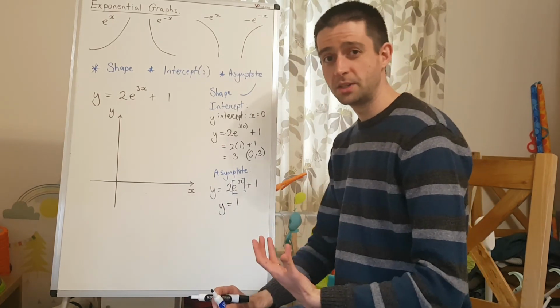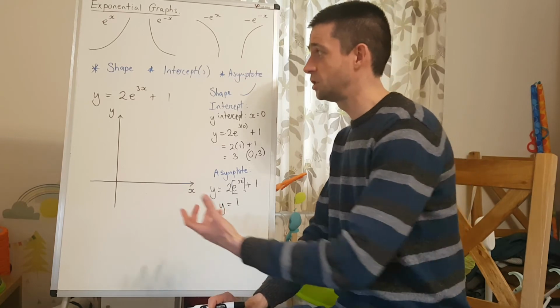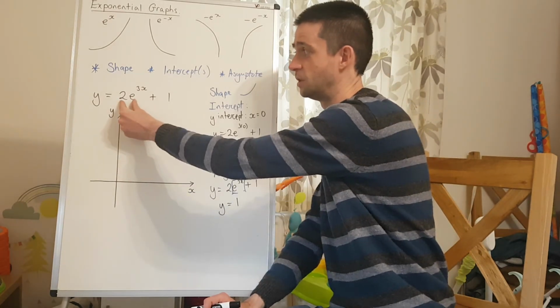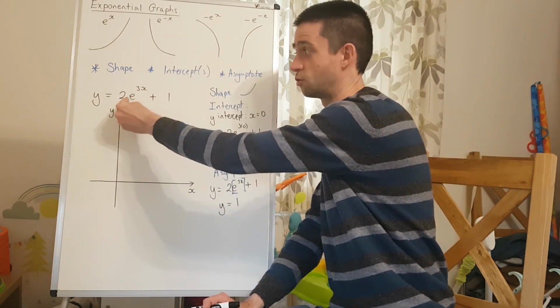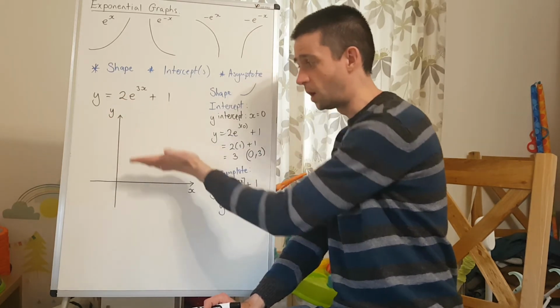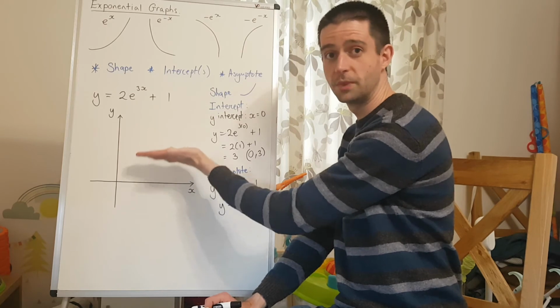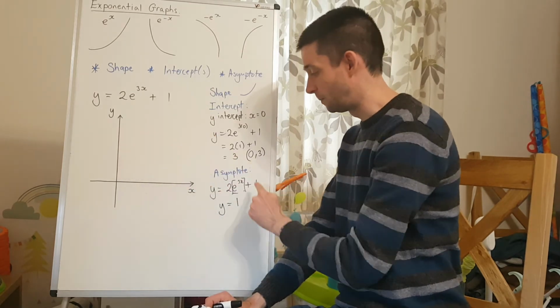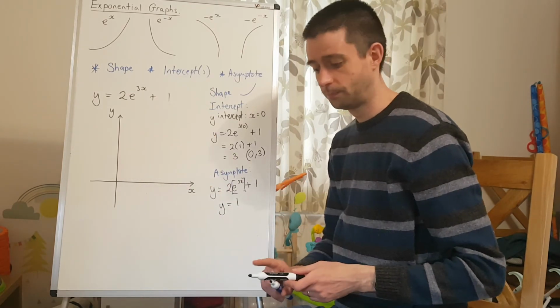Which again should make sense thinking about transformations, because what we have here is the original e curve stretched by scale factor 2, which you remember didn't change the asymptote, but plus 1 is going to move the original asymptote of 0 up by 1, and we're now at y equals 1.